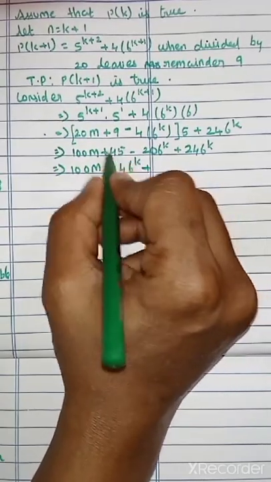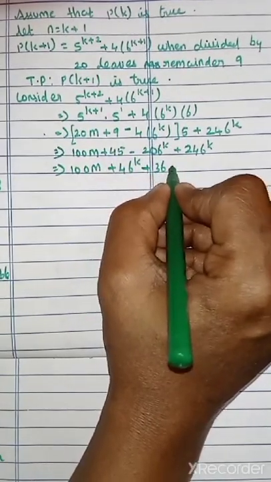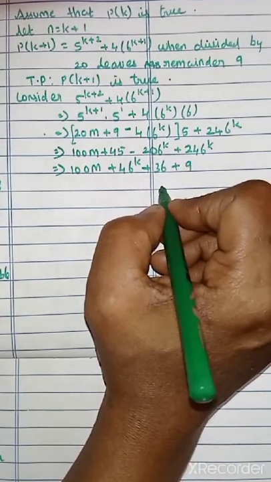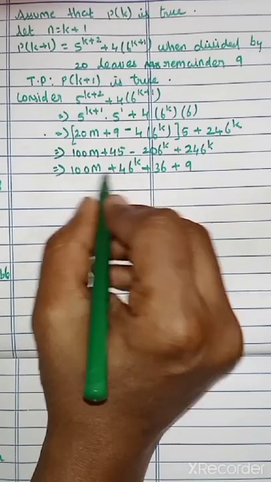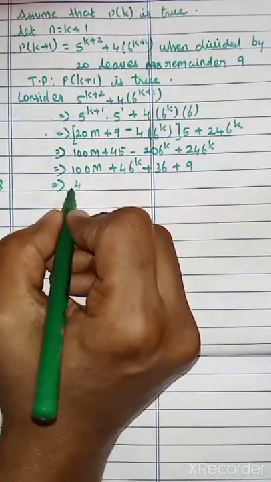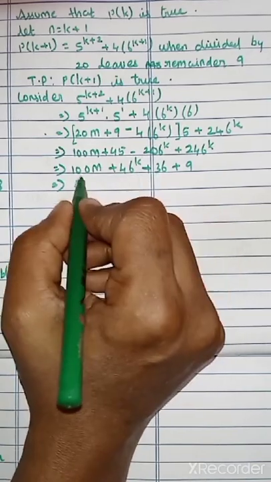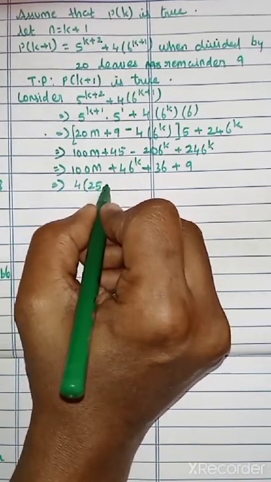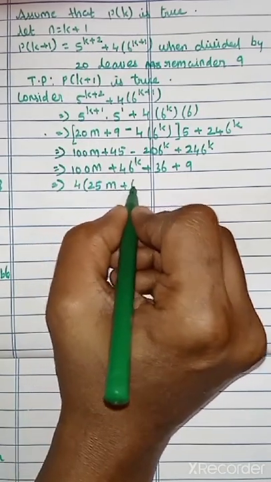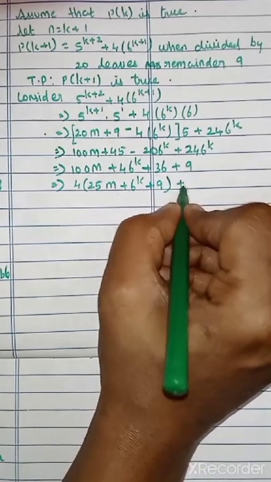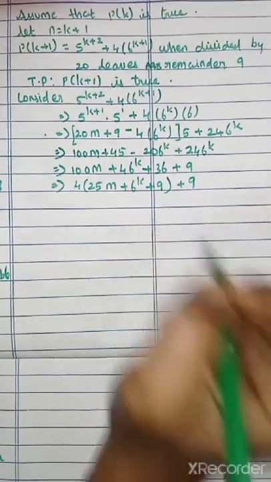And this 45 can be taken as 36 plus 9. 36 plus 9 is 45, right? Now in the first three terms, we can take 4 as common. All will be multiplication of 4. So if we take 4 outside, we will get 25m plus 6 power k plus 9, correct? Plus 9. Is that right?